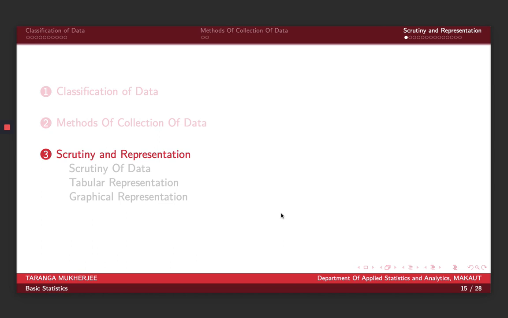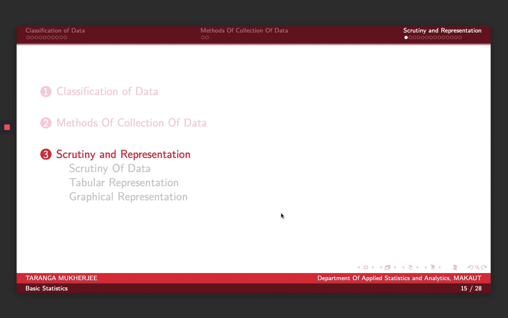Now, the collected data needs to be scrutinized properly. What is meant by scrutiny of data? Well, I'm giving you a very simple example of this. Suppose in a household income survey, a respondent said that the monthly income is 5,000 or less. But at the same time, the respondent is saying that they have an Audi car.